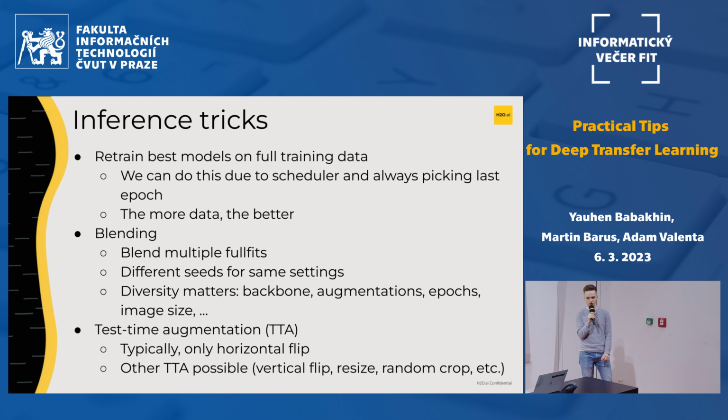And one last thing that is also interesting is so-called test time augmentations. So far we discussed only train time augmentations, where you change your images during the model training. However, you can run inference through your original test images, and also run inference through the test images that are horizontally flipped.